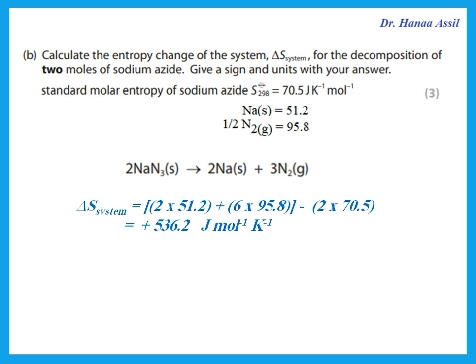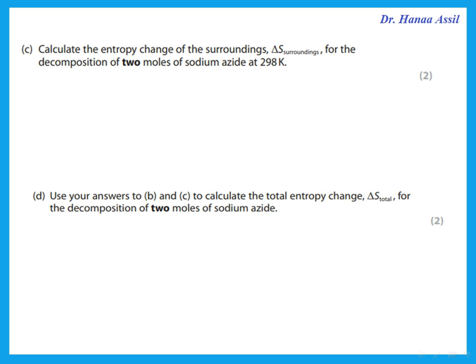So I have 3 N2, that means I have 6 times that number. These are for the products. Then I subtract the ones for the reactants, which is 2 times the one for sodium azide. So my overall answer is a positive answer in joule per mole per degree.